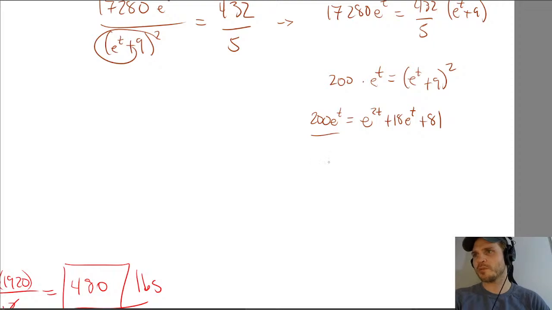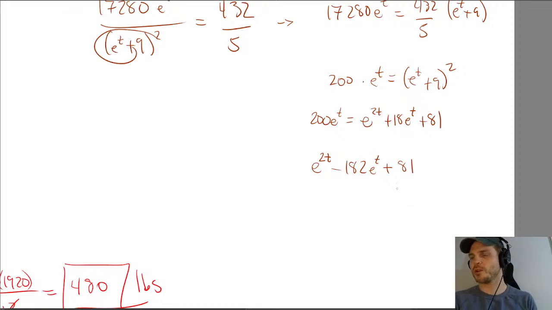Then we're going to subtract this from both sides, e to the 2t. So 200 minus 20 plus 2 would be 182, so negative 182 e to the t plus 81. Oh, that's an unknowable number.